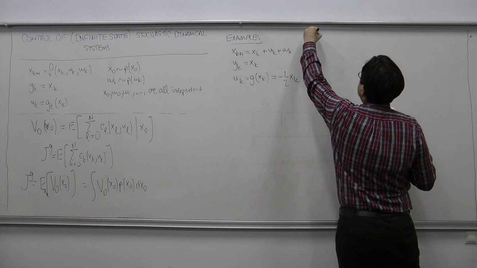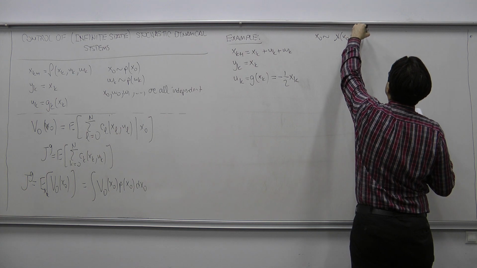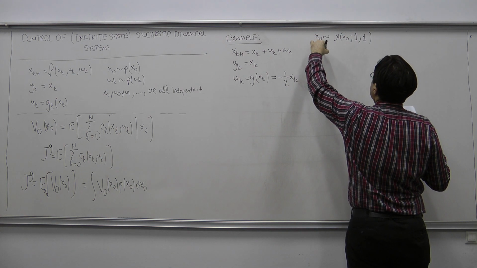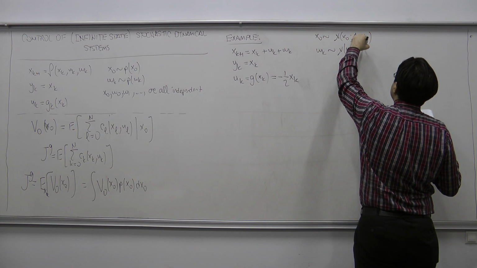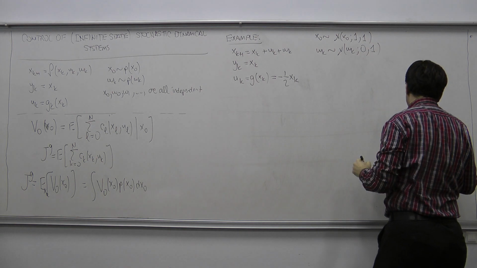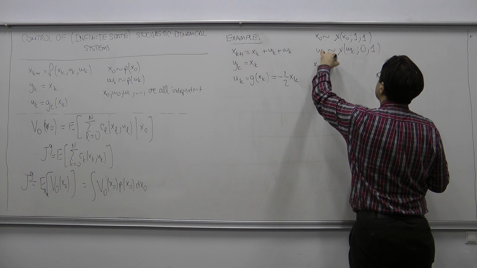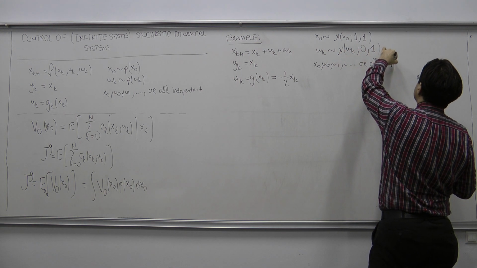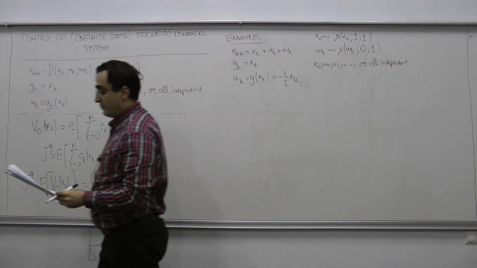And x0 is given as normal with mean 1 and variance 1. w_k is given as normal with mean 0 and variance 1. And we know that x0, w0, w1 are all independent. Remember, this is necessary for the Markov property to hold.